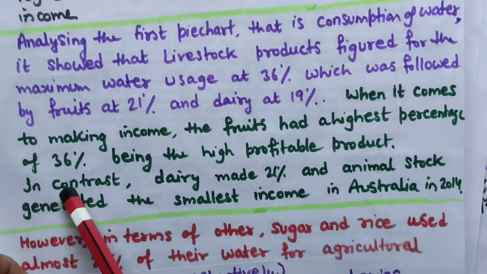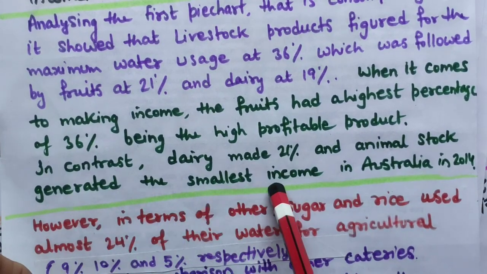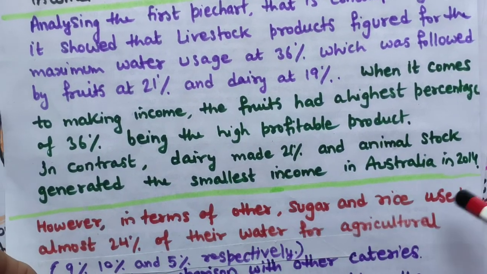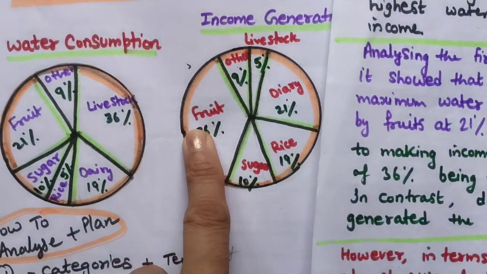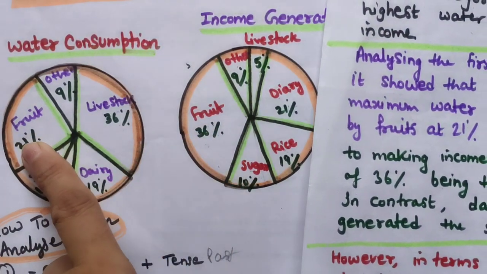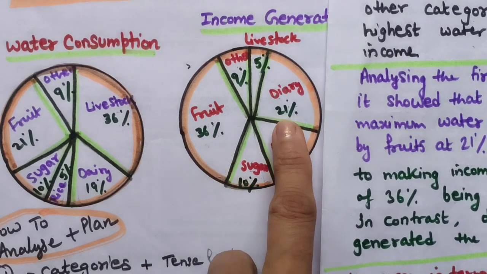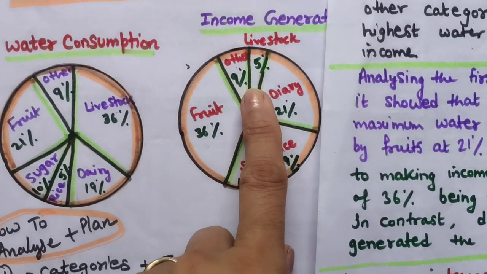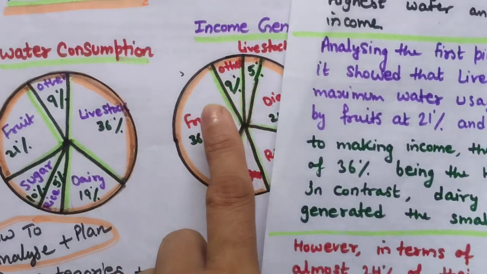Okay, in contrast, dairy made 21% and livestock generated the smallest income in Australia in 2014. See this, fruit was second, now it appeared as first, and then dairy, and then livestock, which was at number one, and here it is at the least percentage.